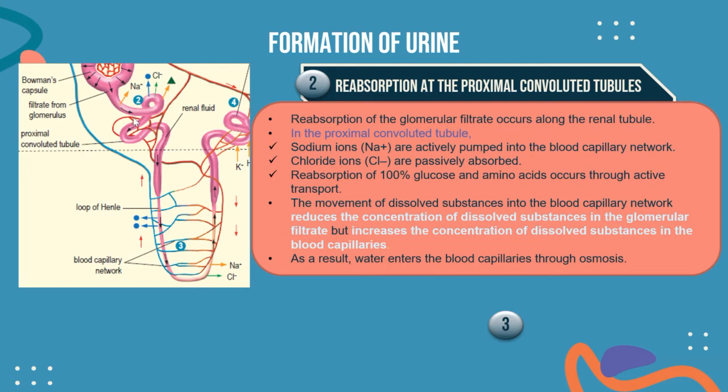We focus first on the proximal convoluted tubule. So what happens here? Sodium ions in the glomerular filtrate are actively pumped into the blood capillary network.